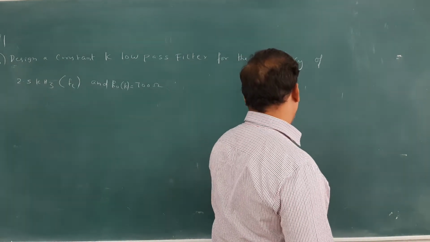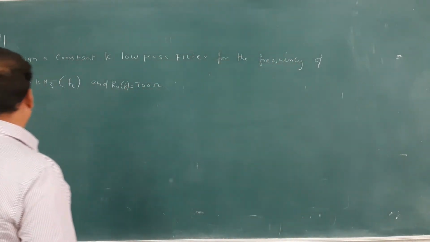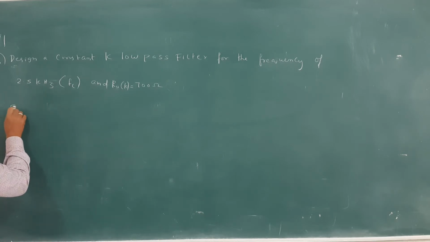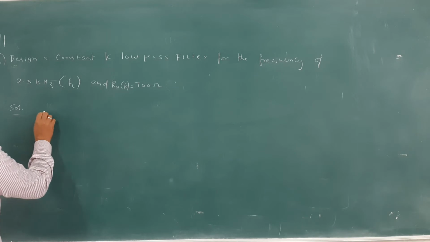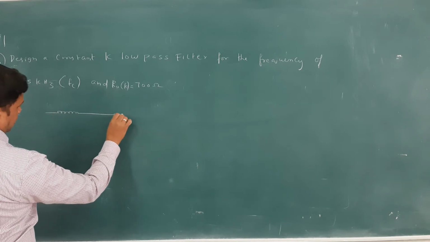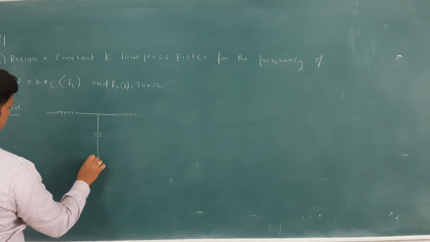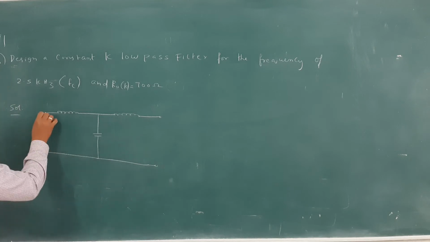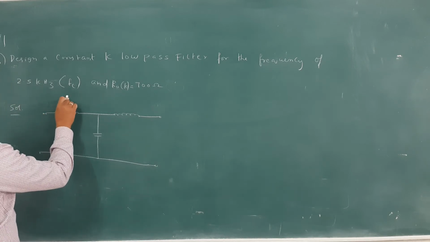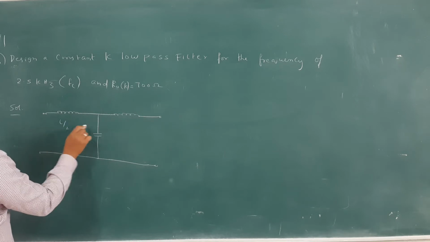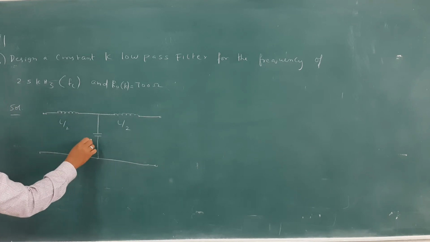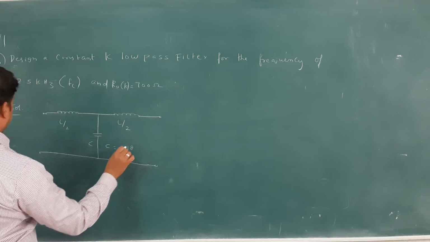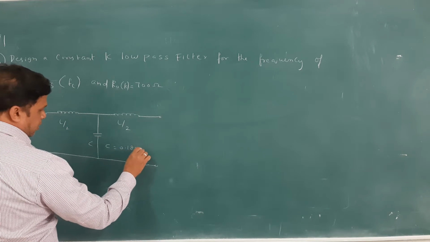Now let us see how it will be drawn. Now see here, this is the inductance and this is the inductance, and the capacitance is here, because it is a T network. Now write the values. For a T network, it is L by 2, L by 2 and C. So what is the value of C we have got? C is equal to 0.187 microfarad.